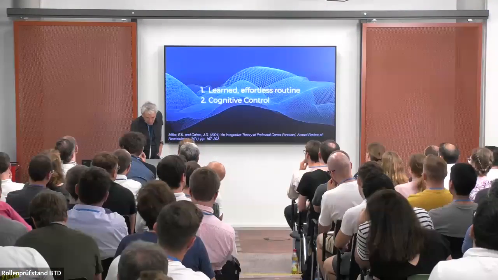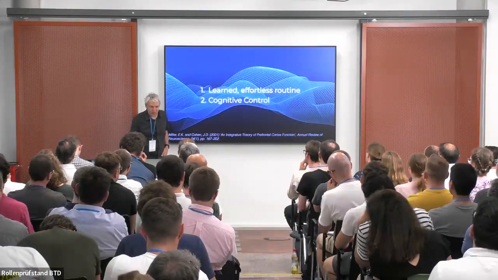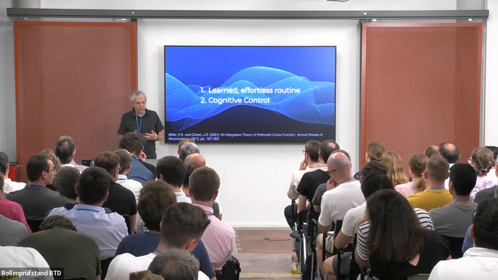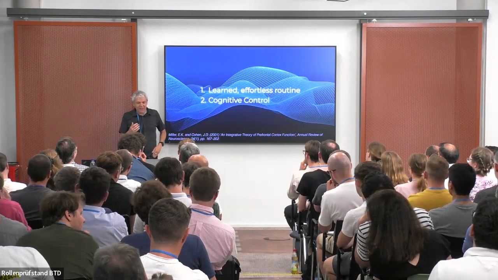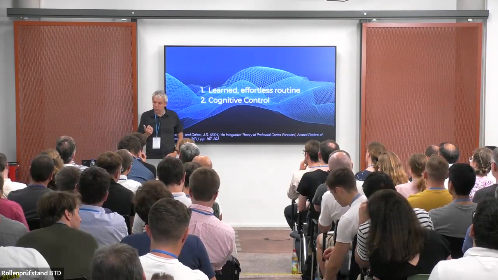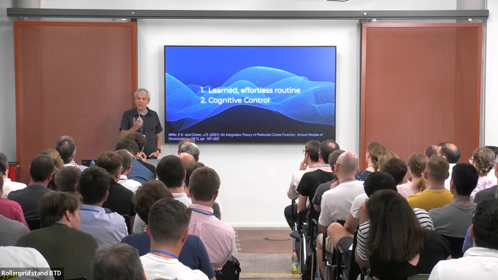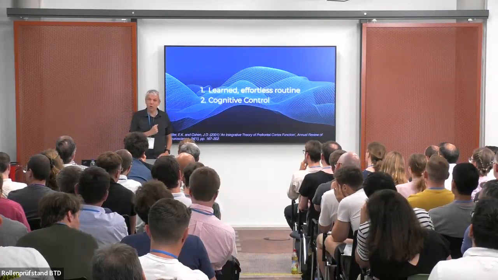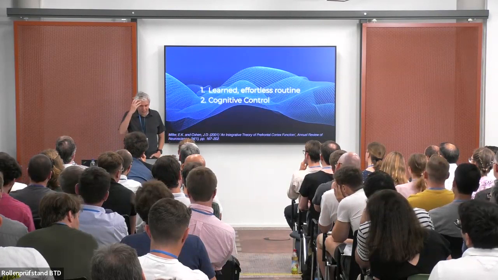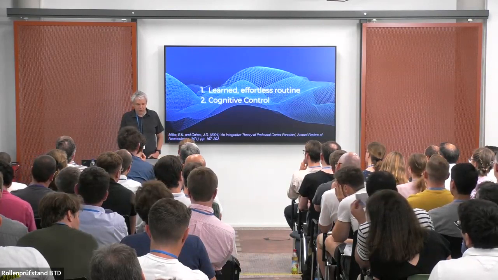Now sticking with the example of chess, as a chess game progresses, the space of possibilities exponentially increases, and you can no longer rely on learned routine. You need to switch as a chess player to cognitive control. And this is where most games are won or lost. It's a separate part of the brain, as I said, that is responsible for that.